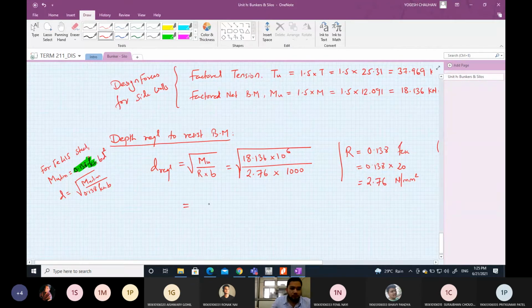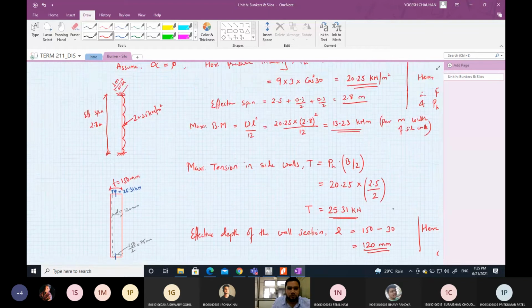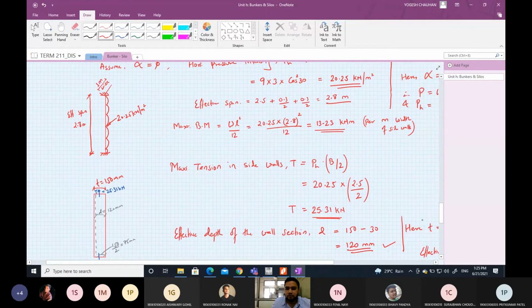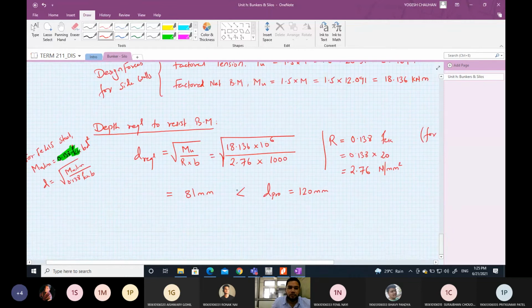So this comes out to be 81 mm, whereas we have provided 120 mm. D provided is equal to 120 mm. Okay, so the wall thickness is sufficient to carry the bending moment.